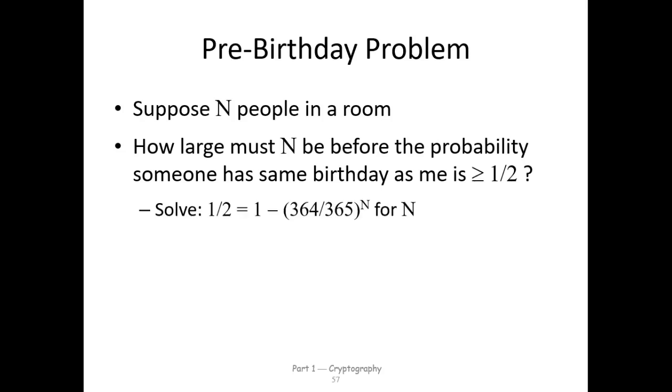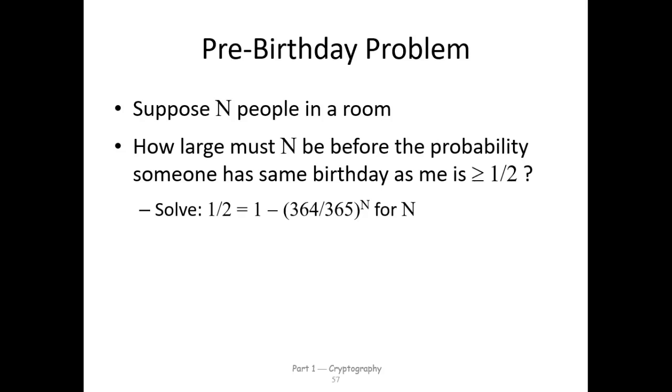To find n, we need to solve the equation 1 by 2 equals 1 minus 364 divided by 365, raised to n. Why is it considered 365?